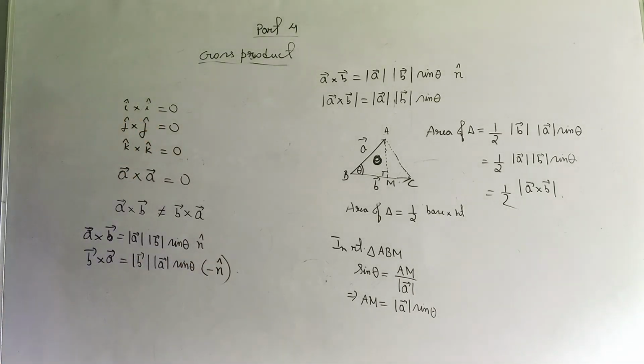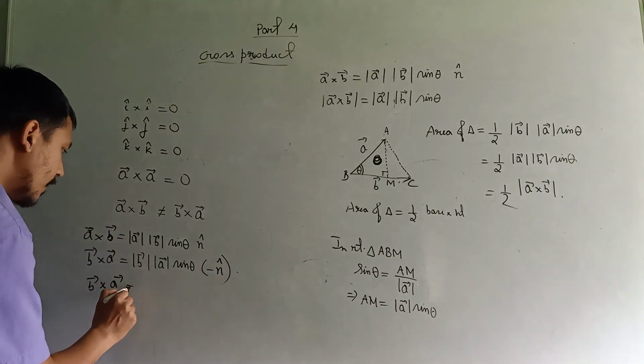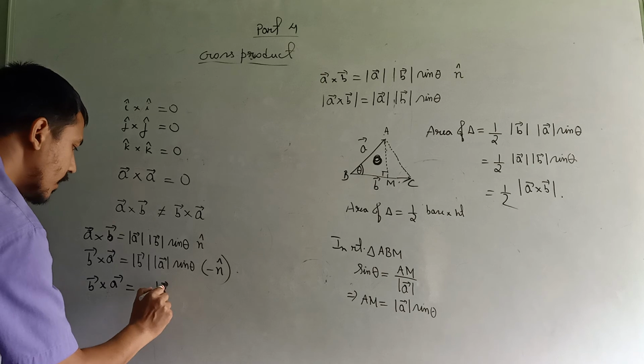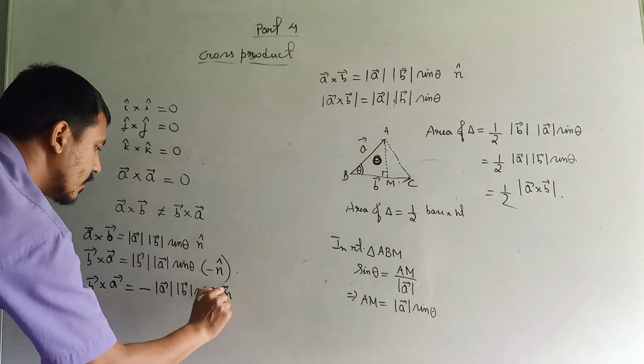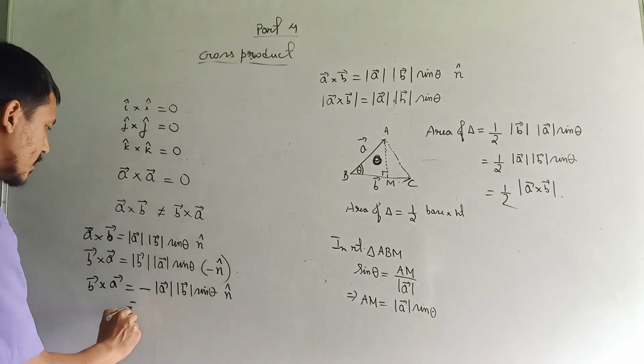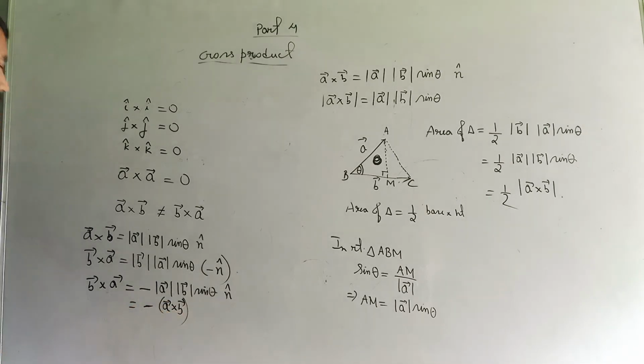So B cross A will become minus magnitude of A, magnitude of B, sine theta with unit vector n cap, which is equal to minus A cross B.